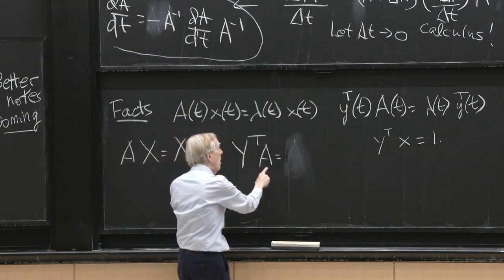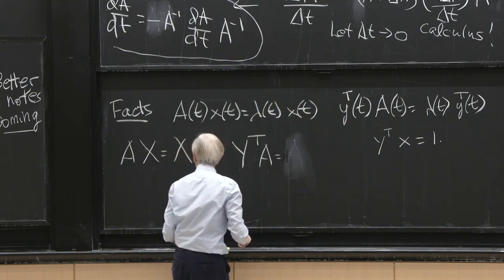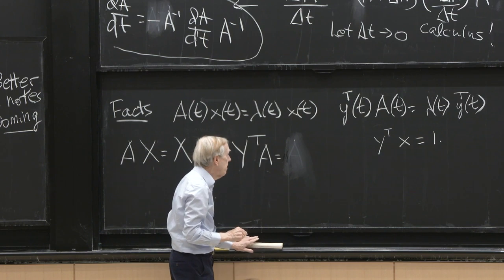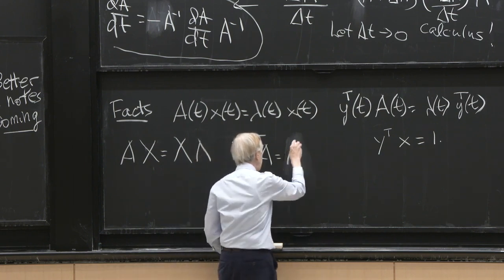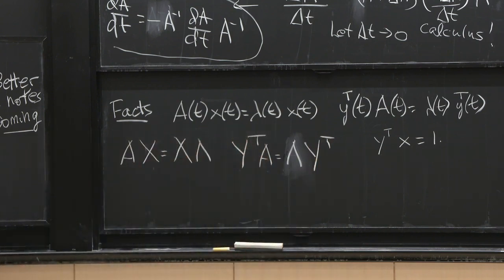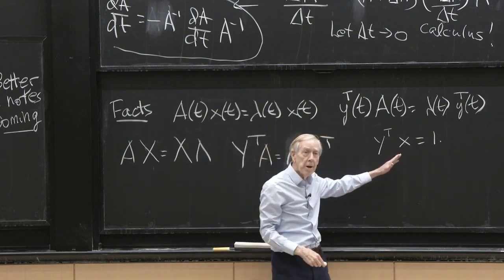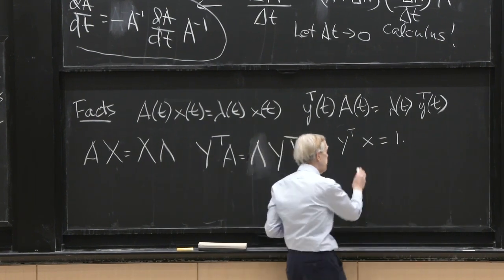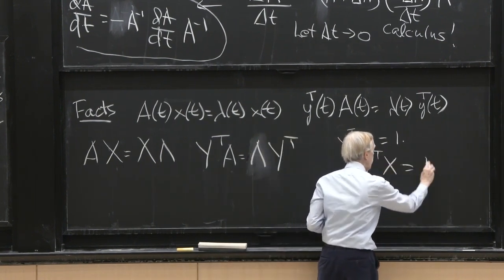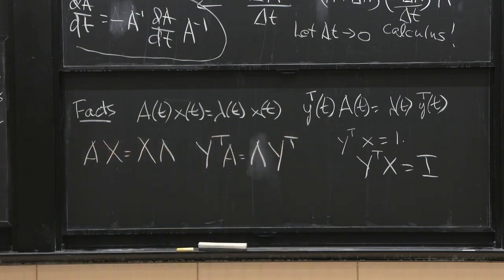And what does this translate to? If this was for one eigenvector, for all of them at once, it's just going to translate to Y transpose X equal to the identity. This is pretty basic stuff, but stuff somehow we don't always necessarily see. Okay, those are the key facts.